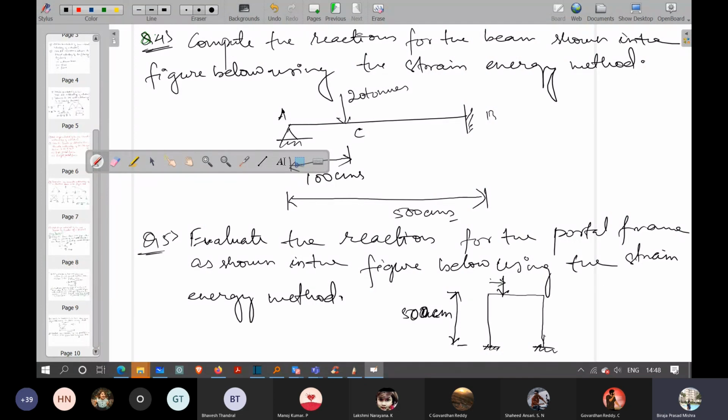This is 100 cm. This is 20 tons. This one is 600 cm, and this is I, this is I, this is 2I.